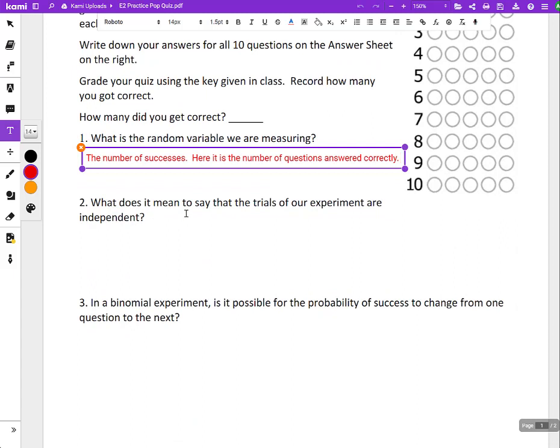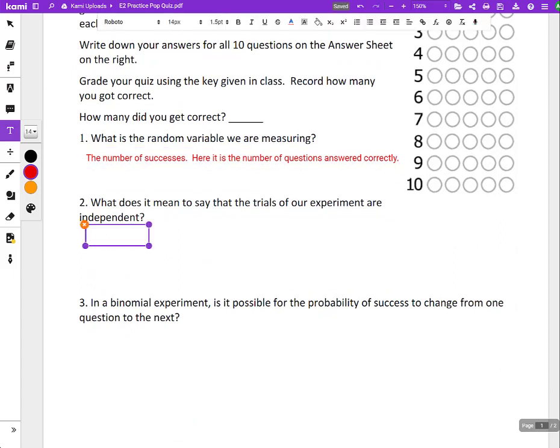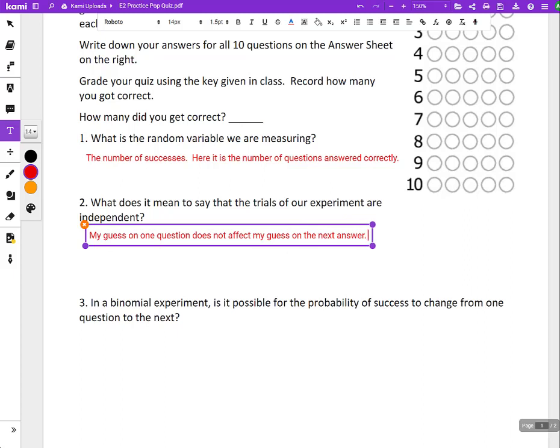So what does it mean that the trials of our experiment are independent? Basically that means that my guess on one question does not affect my guess on the next answer. So it's very important that the trials are independent and that the probabilities stay the same.